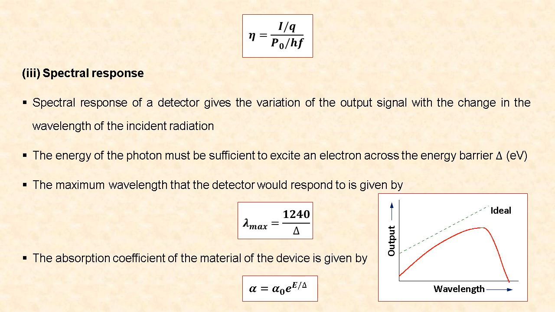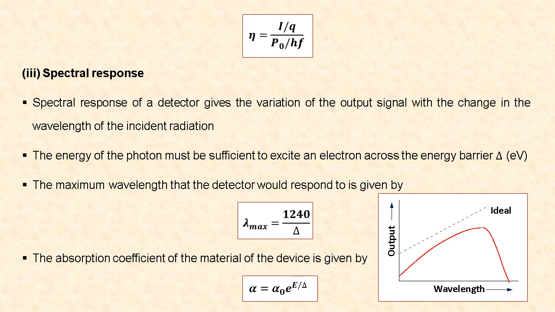We can see that the response does not fall off abruptly to 0 for values above the threshold value of lambda. This is because, due to the thermal energy of the molecules, the absorption coefficient of the material of the device is equal to alpha naught into e to the power capital E by delta.